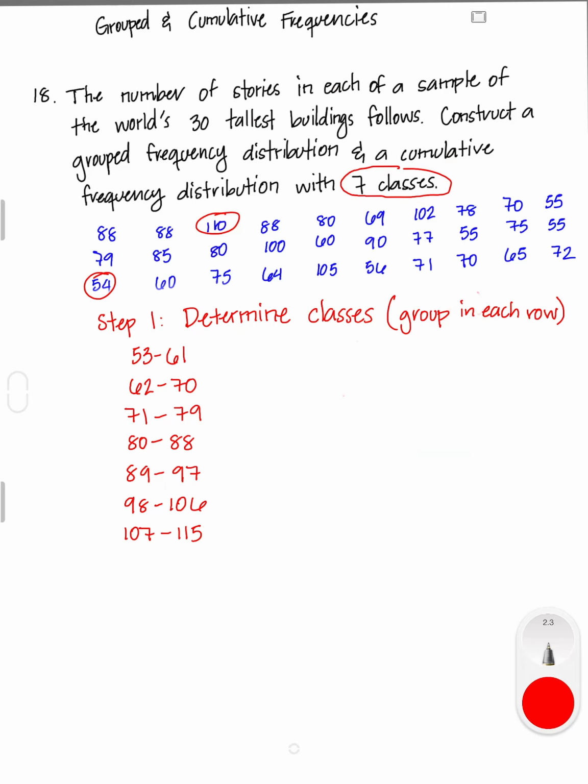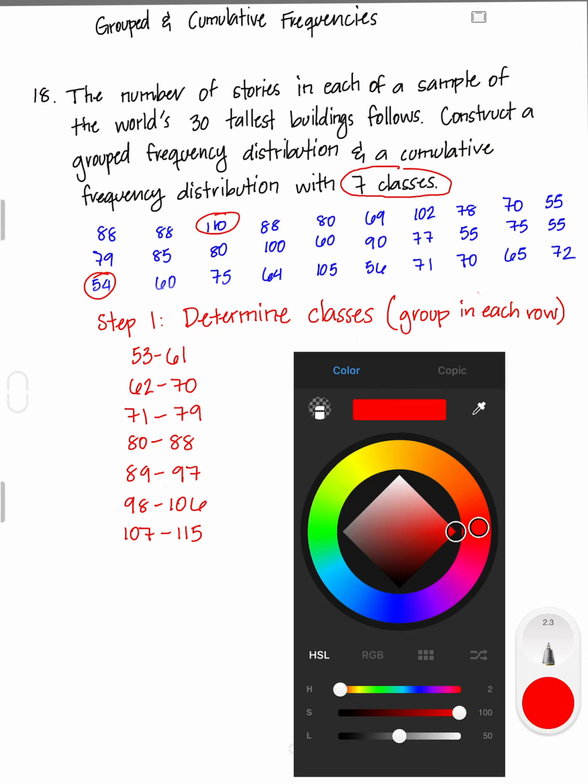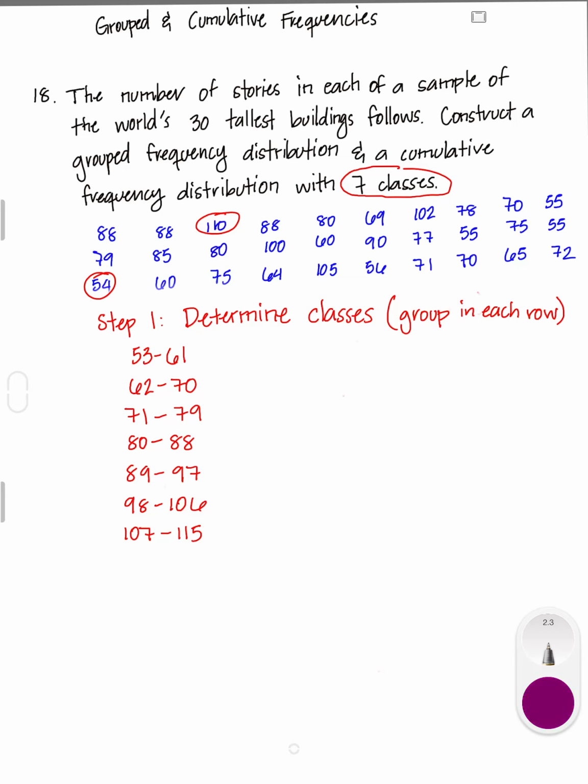So our class boundaries will become 52.5 to 61.5. And notice what I'm doing.